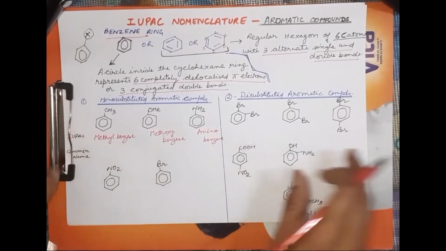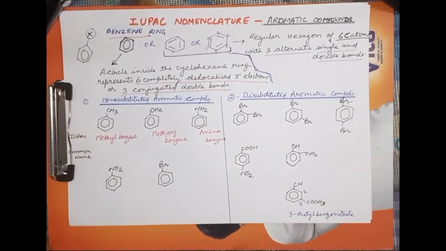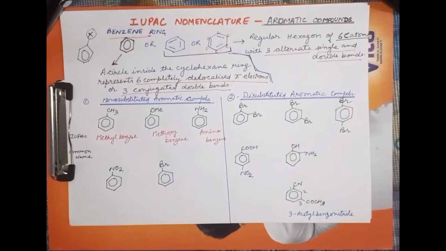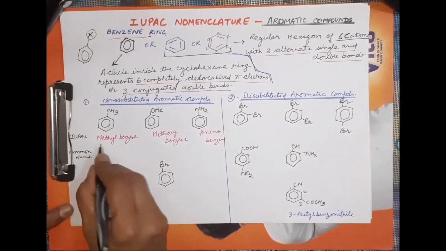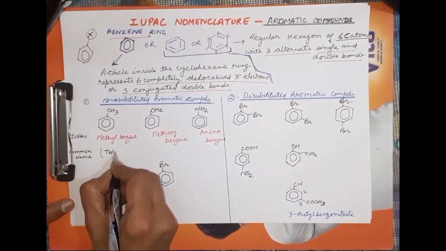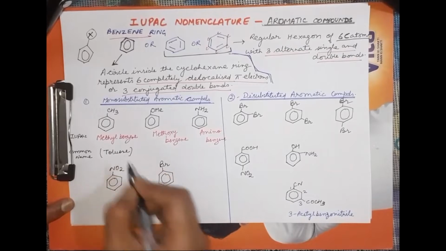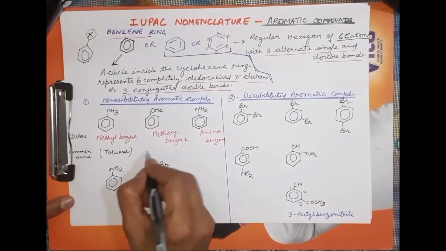But they also have some common names by which they are called. This methyl benzene, we call it toluene also, when one methyl group is there on the benzene ring.